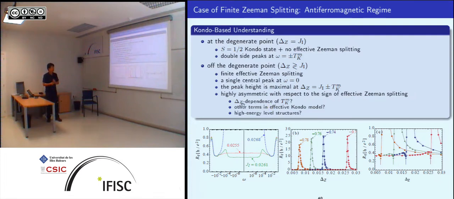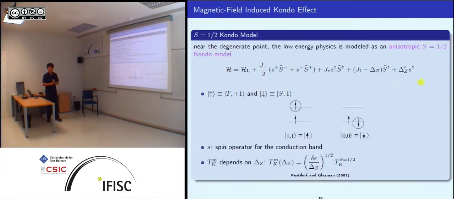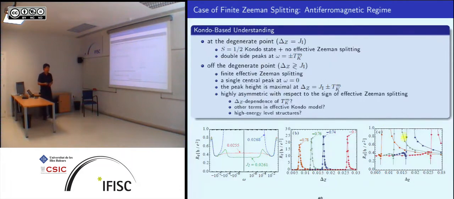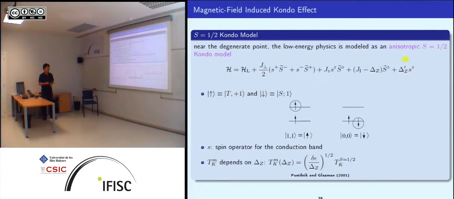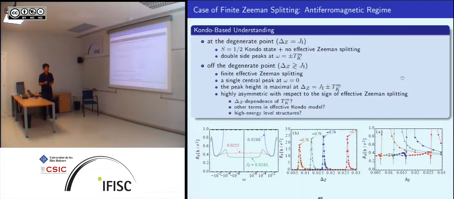Actually, the Kondo temperature is a function of the Zeeman splitting, because in this effective model, all the parameters are functions of Zeeman splitting. But it alone cannot explain this huge difference in the resistance. Possibly some other term, some more spurious term, is operative for this enhancement of resistance, or maybe some high-energy structure is responsible.